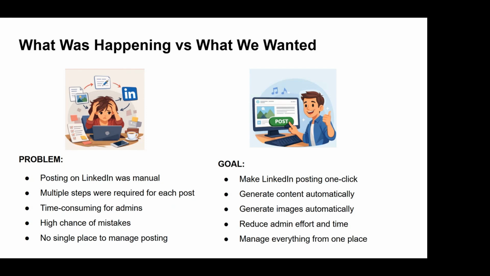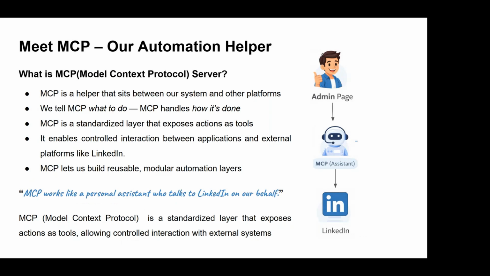To solve this issue, we are using MCP, which is our automation helper. This is where MCP comes in. And to explain MCP in simple words, we can say that MCP is a helper that sits between our system and other platforms.